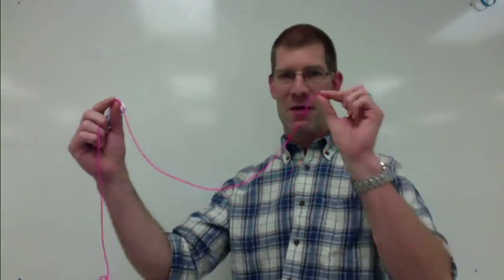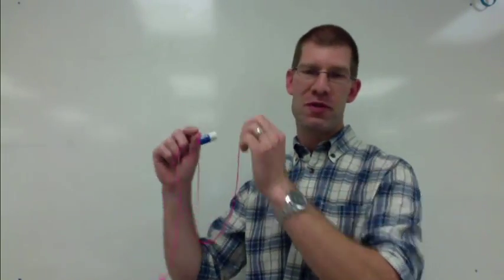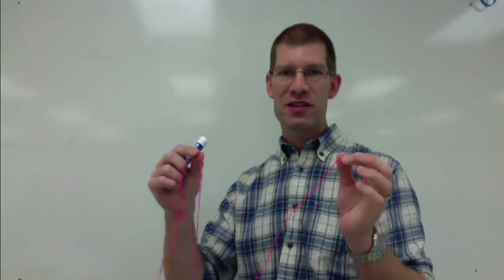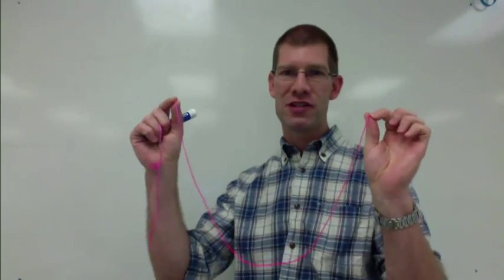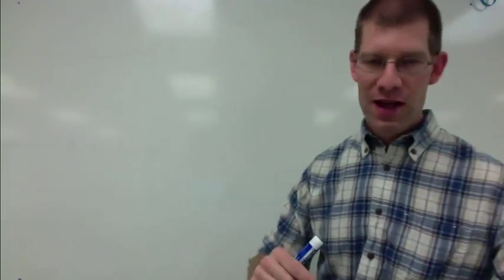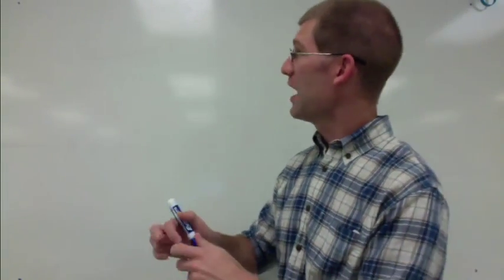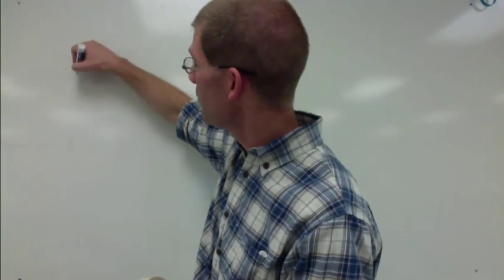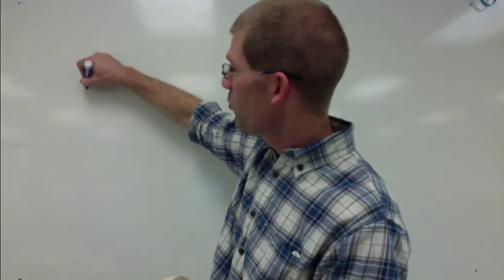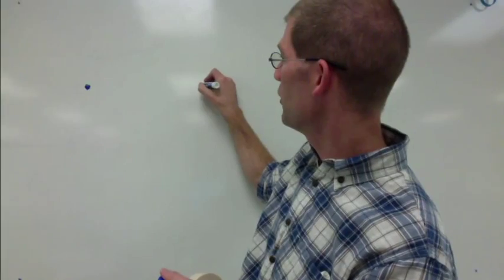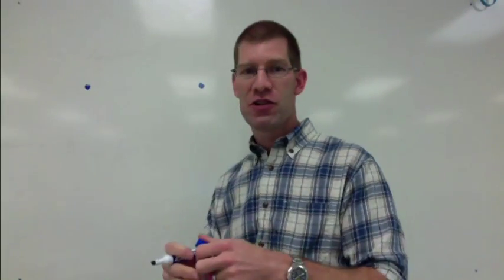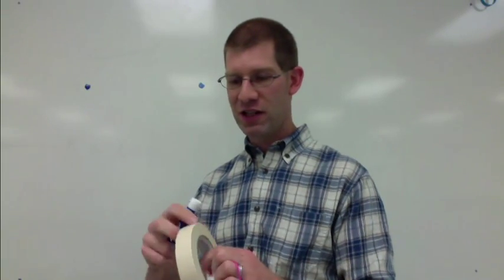I have this pink string here that hopefully shows up on the screen, and it's going to be the total distance that the object has, and I need to put a couple foci as well. So if I say this here is one focus, and then this would be another focus. If I have those in a horizontal line, then I'm going to get what's called a horizontal ellipse.